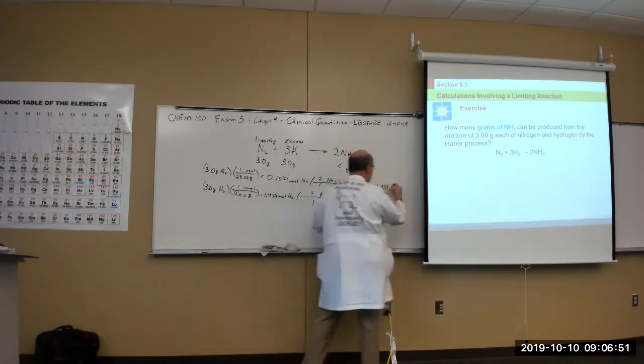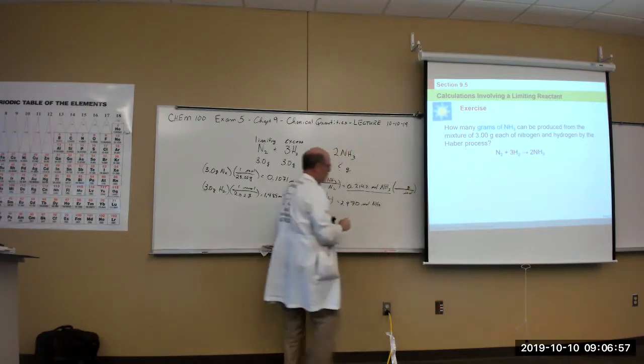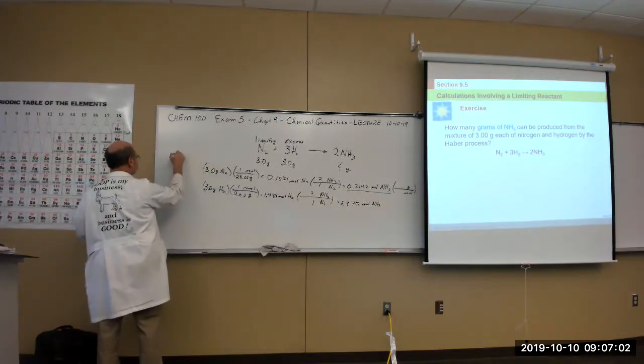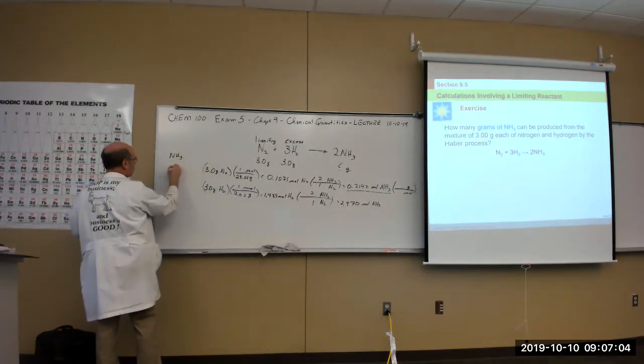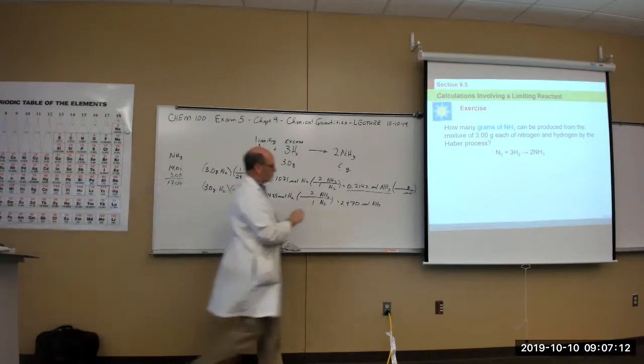We can convert that to grams with the molar mass of ammonia. So ammonia is 14.01 for that one, and 3.03 for 3 hydrogens, which is 17.04.